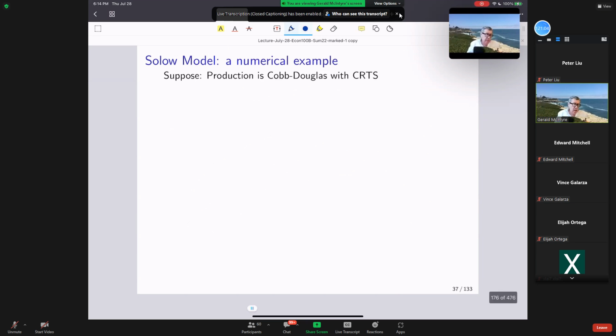First, we suppose that there's a production function that's Cobb-Douglas with constant returns to scale. That's part of what Solow starts with. The capital share of GDP is 50%. It's a numerical example, but the way I'm setting it up is as a word problem, and so the logic here is you have to turn this word problem into a numerical example.